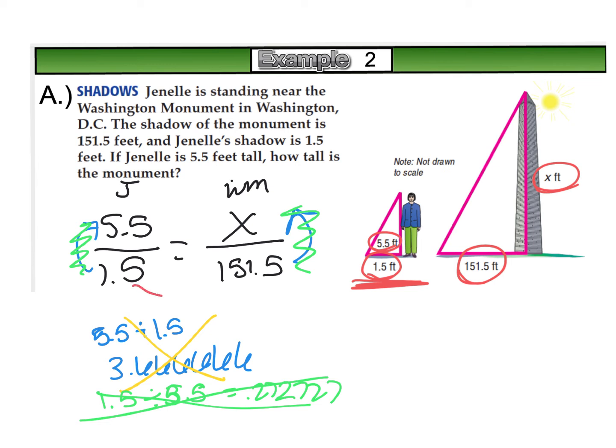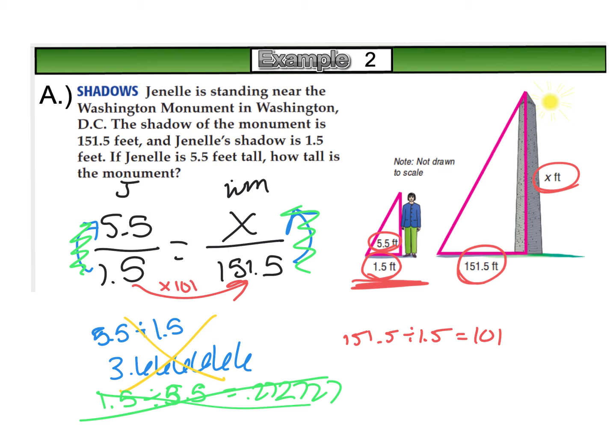Let's go from 1.5 to 151.5. 151.5 divided by 1.5. I just have a sneaking suspicion that that's going to work out a little bit better. I get exactly 101. That works out so much better. So 1.5 times 101, and again, I'm going to double check it.